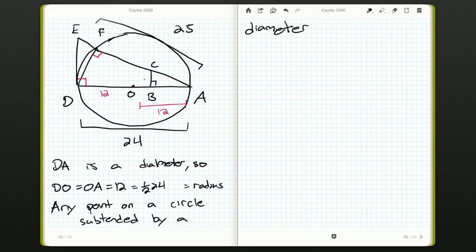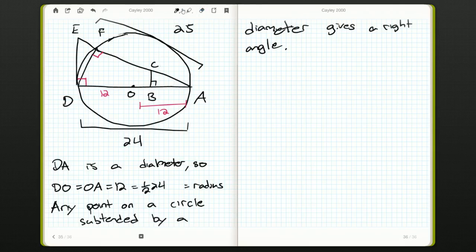And if you have a right angle triangle, then you can make a circle so that the hypotenuse is a diameter of the circle. So it's a useful circle geometry fact that if you have a diameter and you have a point and you connect it to either end of the diameter, you've made a right angle triangle. So that's pretty important.